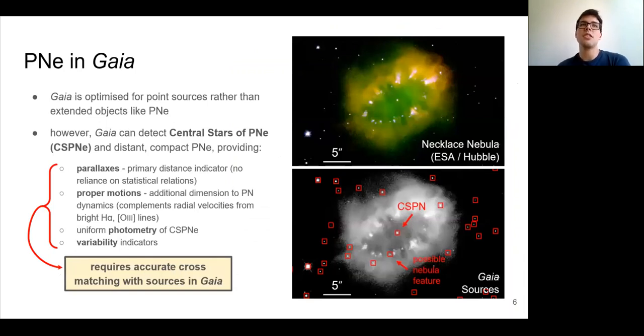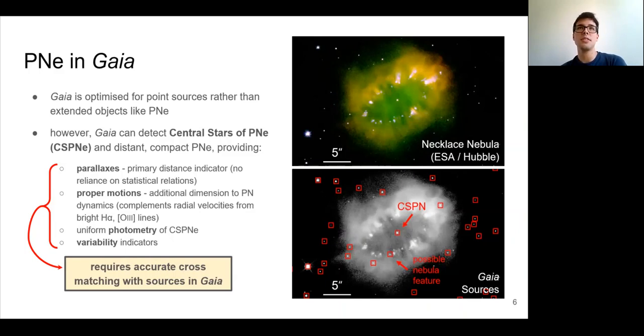So Gaia is optimized for point sources, for stars, rather than for extended objects like planetary nebulae. However, it can do central stars of planetary nebulae, as well as distant and compact objects. And for these, it provides the parallaxes, which are a distance indicator, proper motions, which add another dimension to dynamics and complement the radial velocities that are relatively easy to obtain from the bright lines in the nebula.